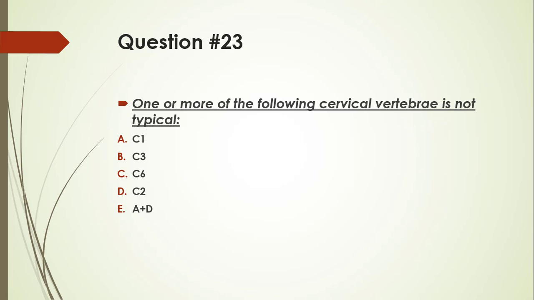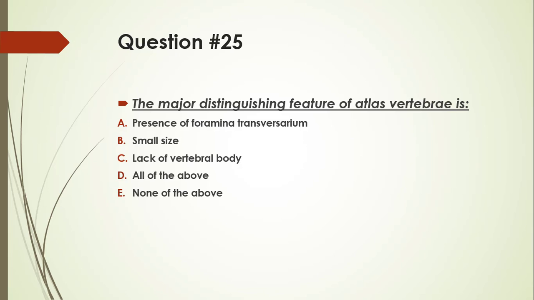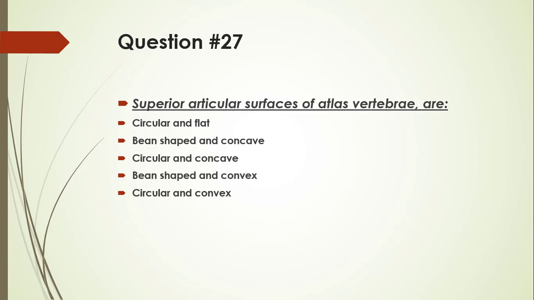One or more of the following cervical vertebrae is not typical. Atypical cervical vertebrae are responsible specifically for. The major distinguishing feature of atlas vertebra is. One of the following statements best describes the atlas vertebra. Superior articular surfaces of atlas vertebra are.